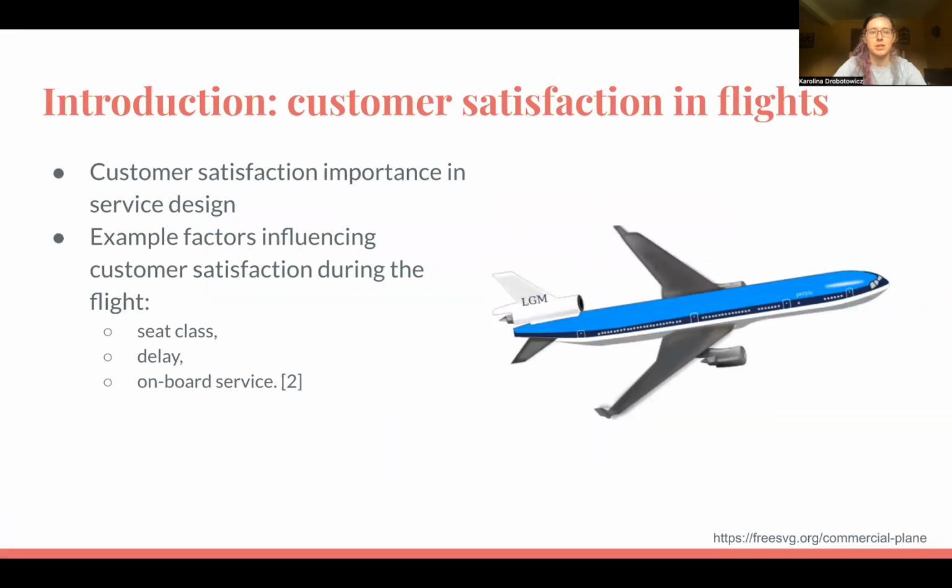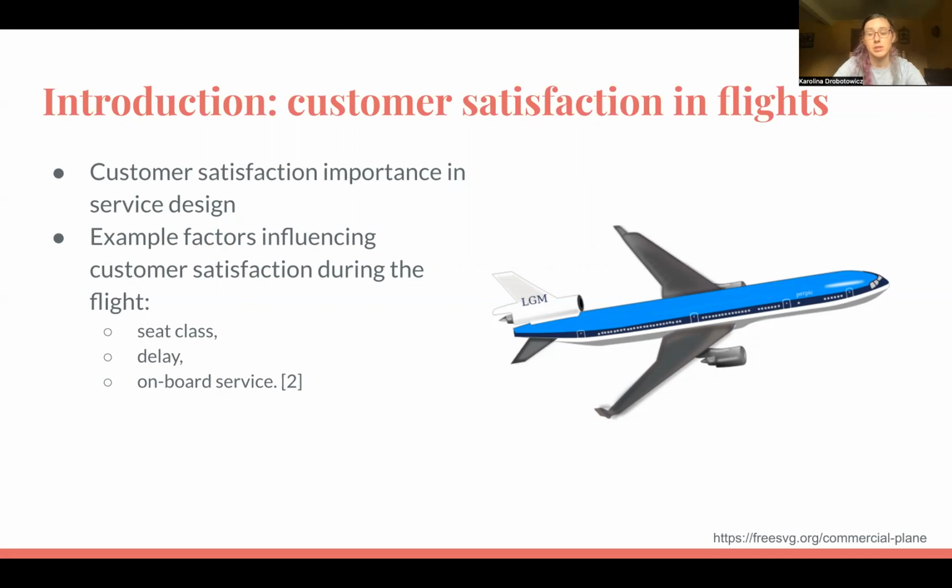As we all probably have the feeling of, customer satisfaction is a really important factor in service design for the airplane service. For example, some factors that influence customer satisfaction during flights are the seat class, the delay that happened, or onboard service.